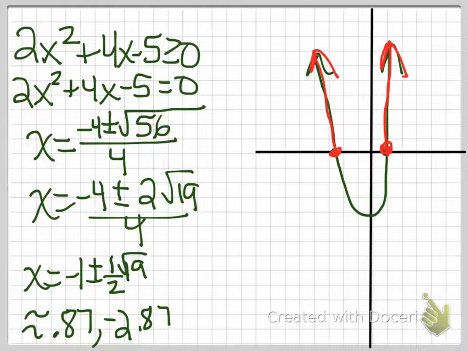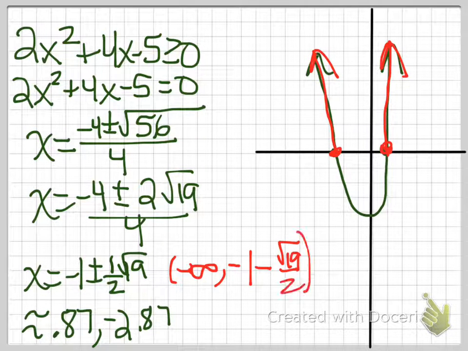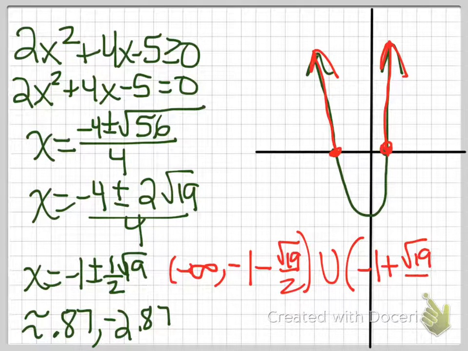So my estimate of my solution would be from negative infinity to negative 1 minus root 19 over 2, and then the union of that with negative 1 plus root 19 over 2. I think that's what it's going to be.